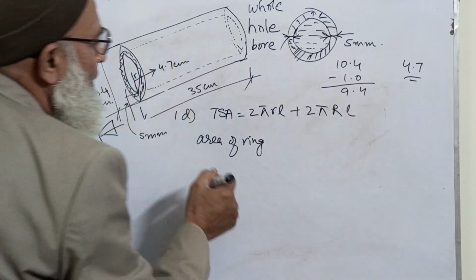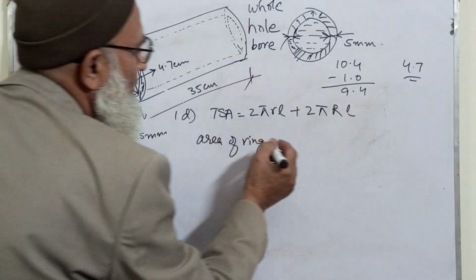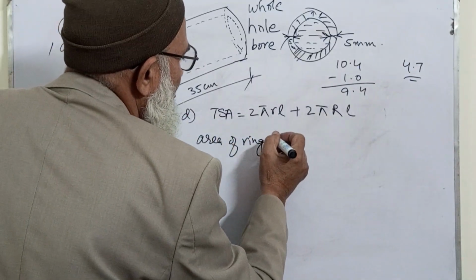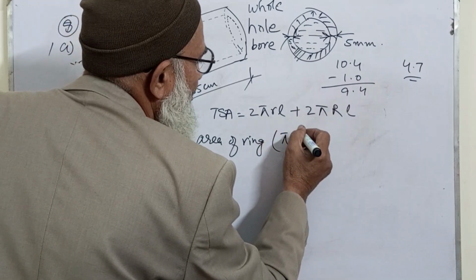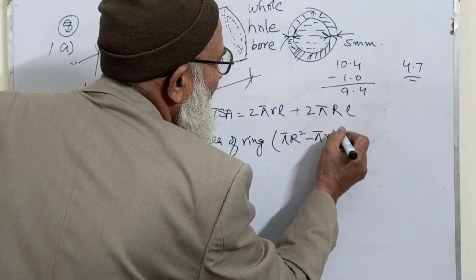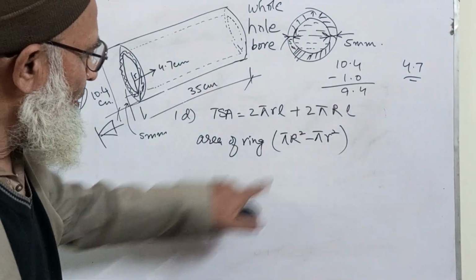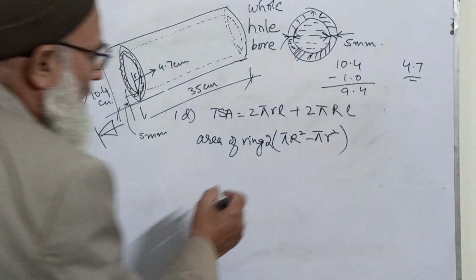Okay, area of ring. There are two such rings, one at the top, one at the bottom. Now it is pi R square minus pi r square. Now, there are two such rings, so we'll multiply it with 2 as well.